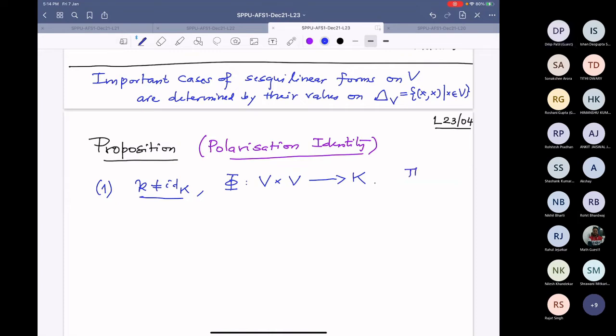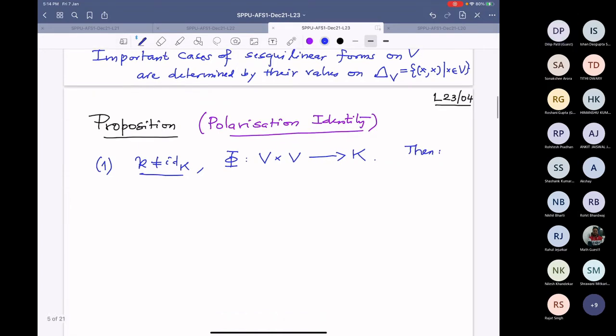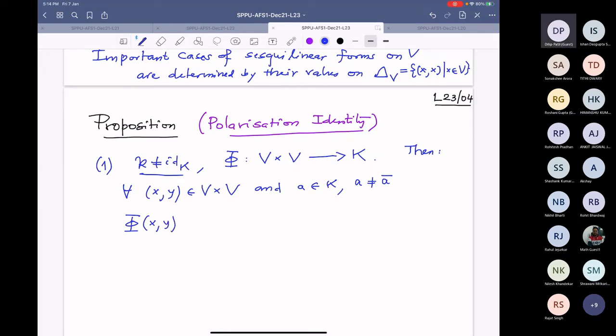Then for all (x, y) in V cross V and a scalar A such that A is not equal to its bar. That is possible because we are assuming kappa is not identity. Then I want to compute the value of phi(x, y) by using the diagonal values.